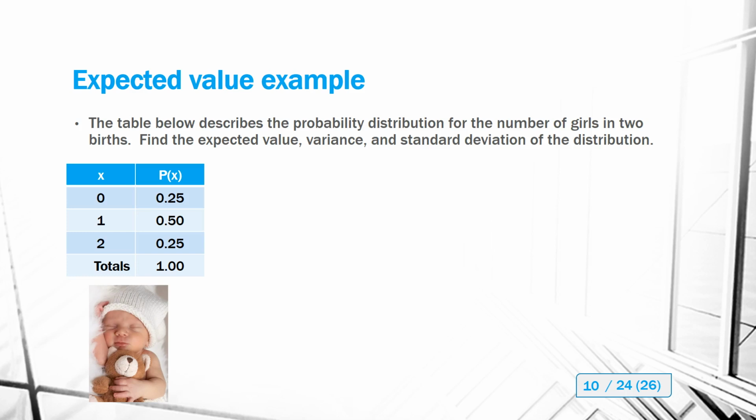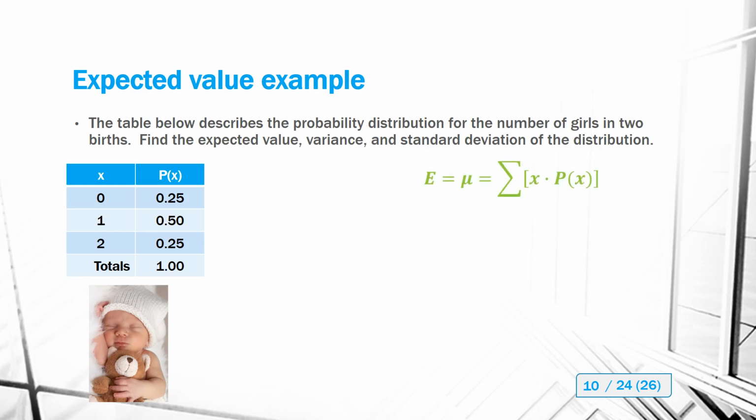So there are different probabilities associated with each of these different x values. Notice that we can add up all the probabilities together and we get 1. This is an important characteristic of a probability distribution. Okay, so we've got the entire area under our probability distribution curve represented here in this table.